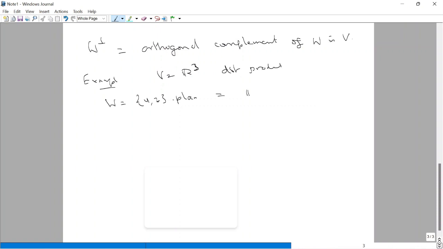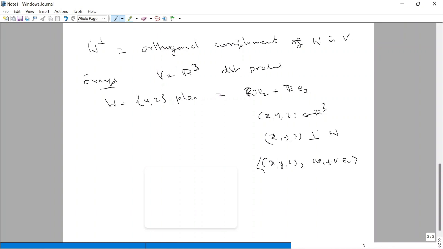Therefore, this is the span of E2 and E3. Now, I want to start with any vector X, Y, Z in R3 and find when it is perpendicular to W. That means start with any vector u times E2 plus v times E3 here.